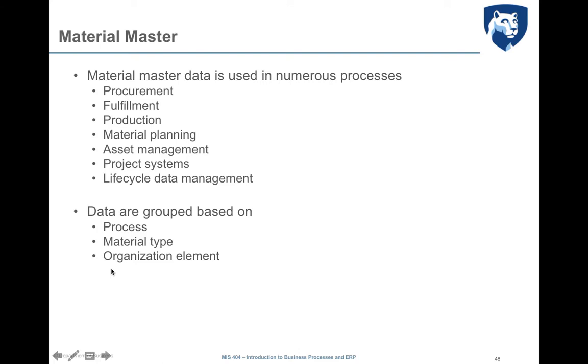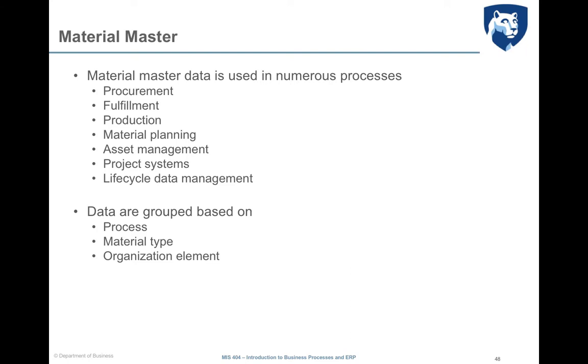Of course, the most commonly used master data in an organization is what we call the material master. Because materials are used in numerous processes, so they are data that are shared among a very high number of processes.